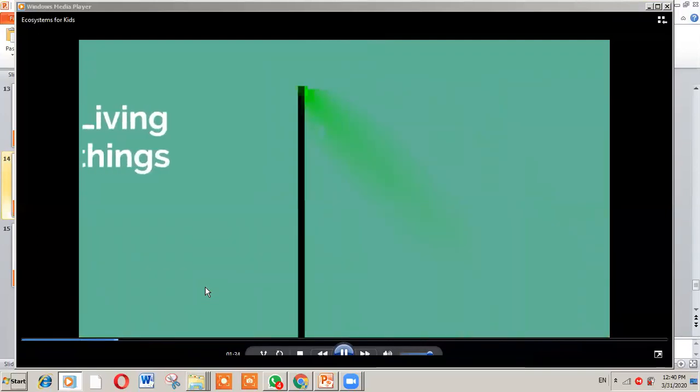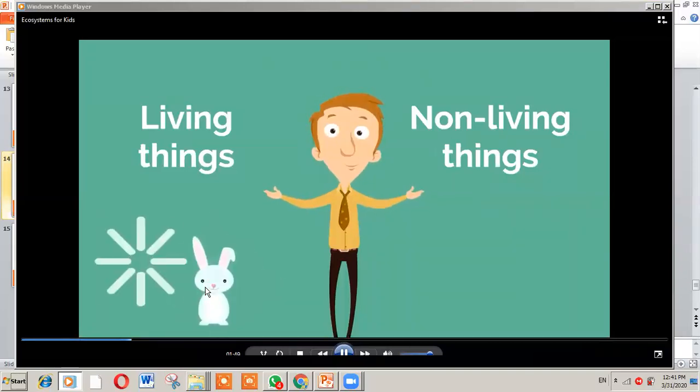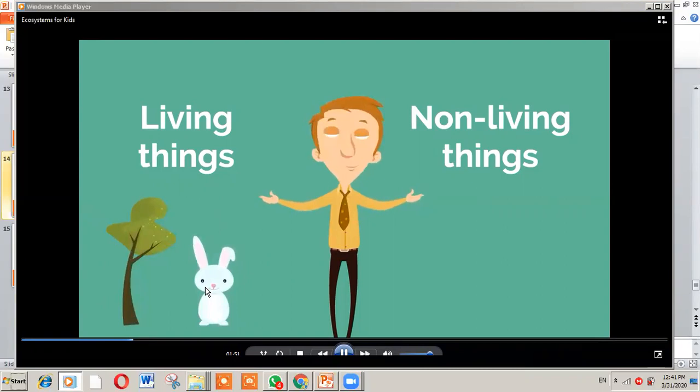Now, we just said that in an ecosystem, living and non-living things interact with each other. You might be wondering, what are some examples of living and non-living things that interact in an ecosystem? Well, living things like animals and plants interact with the non-living things outside, like the weather and soil.